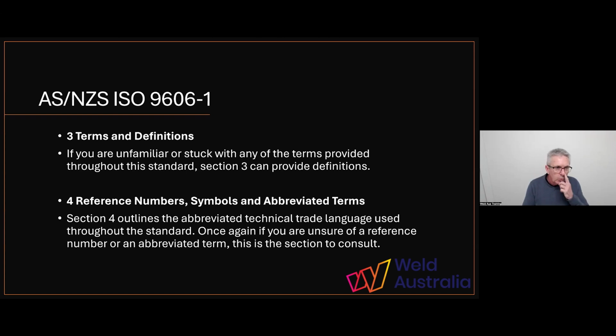Because the first thing you look at when you're looking at your documentation, particularly for 9606, is the designation. That's going to give you the full detail on what took place on this welder qualification. Then you're just verifying that, and when you understand all that, we look at what the range of qualification is, because that's where they're going to stuff you up.